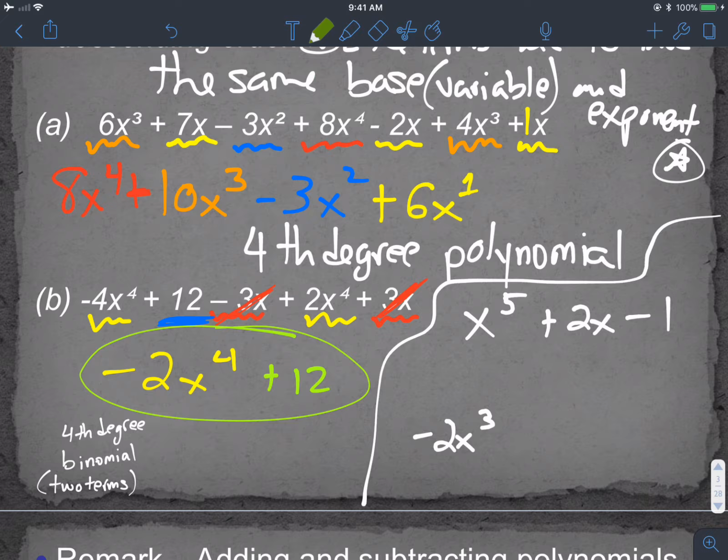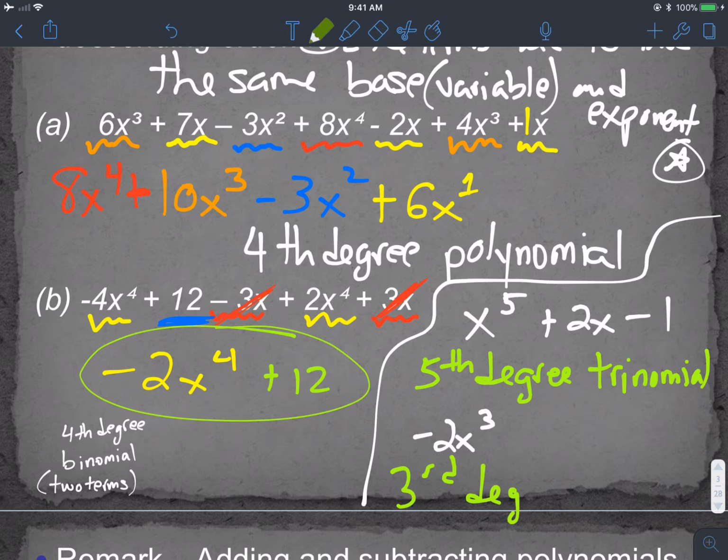Okay, so the 1x to the 5th plus 2x minus 1, that would be a 5th degree trinomial. 3 terms. The bottom one would be a 3rd degree monomial.